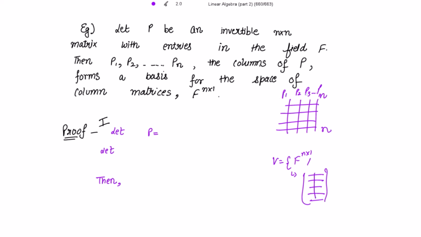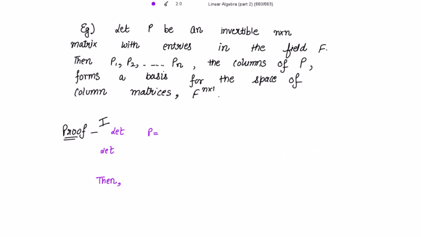So these P1, P2, P3, Pn, the columns of invertible matrix P, form the basis for the vector space V, or the space having these column matrices, right? Let's start with the proof. Let P1, P2, P3 up to Pn be the columns.